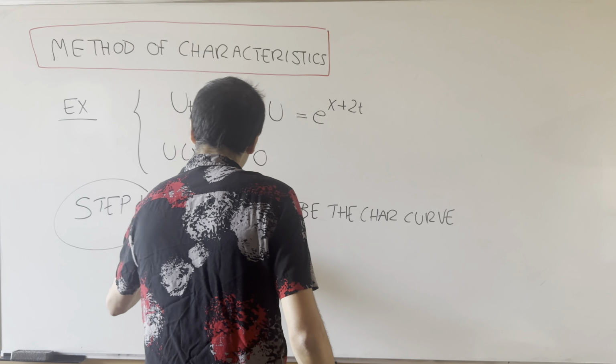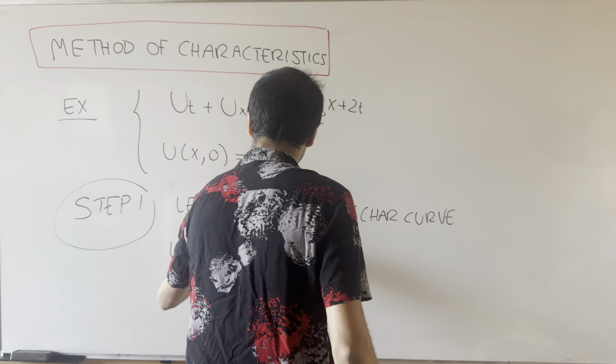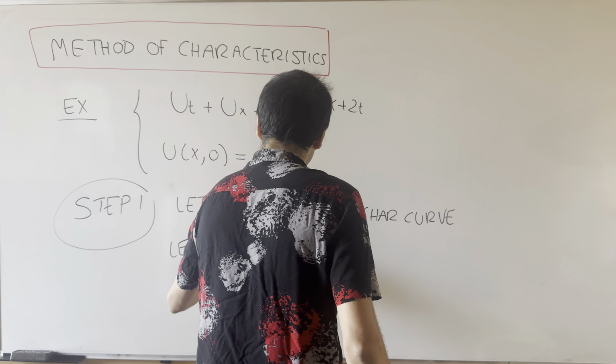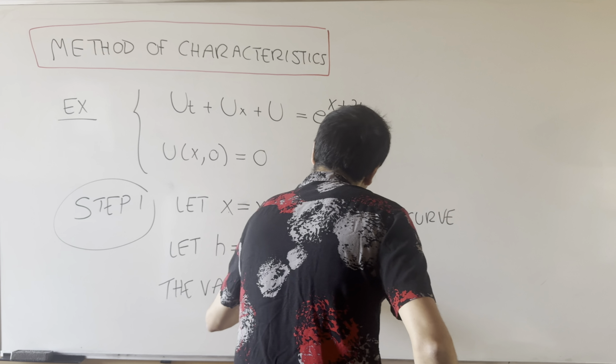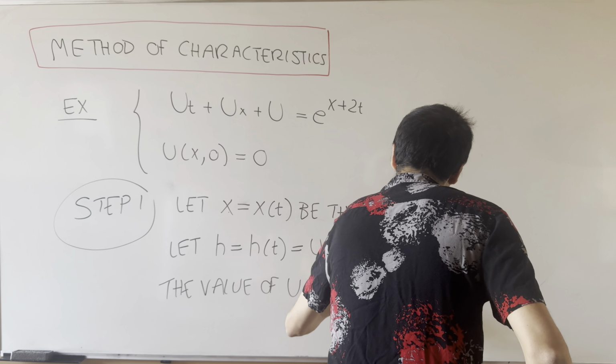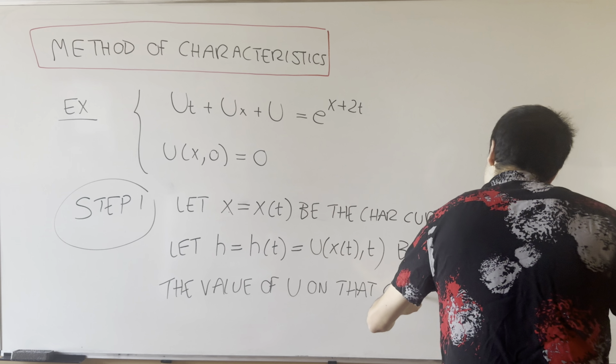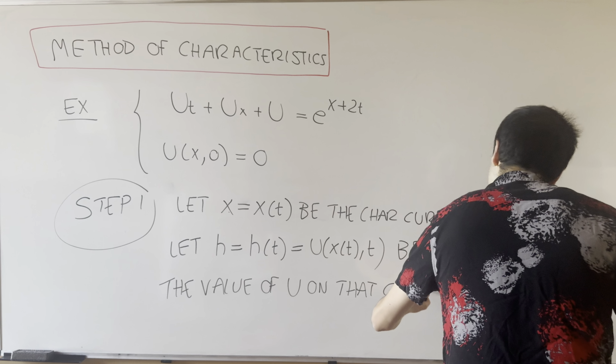So let h, which is h(t), which is really u(x(t), t), be the value of u on that curve. And in particular, we now want to calculate the derivative of h with respect to t and see if we get something interesting.